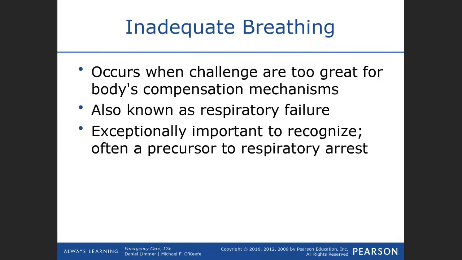And this is where our management now becomes positive pressure ventilation, definitely positive pressure ventilation, but you will also see the term assisted ventilation.